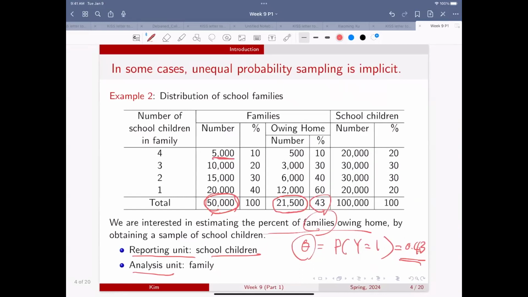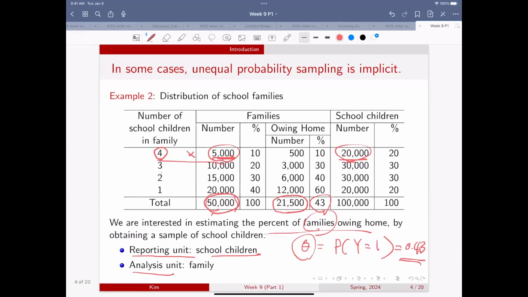5,000 times 4. We have 5,000 families with four children. So in terms of the children level, we have 20K. This number is derived; you can basically multiply this one to get this one.